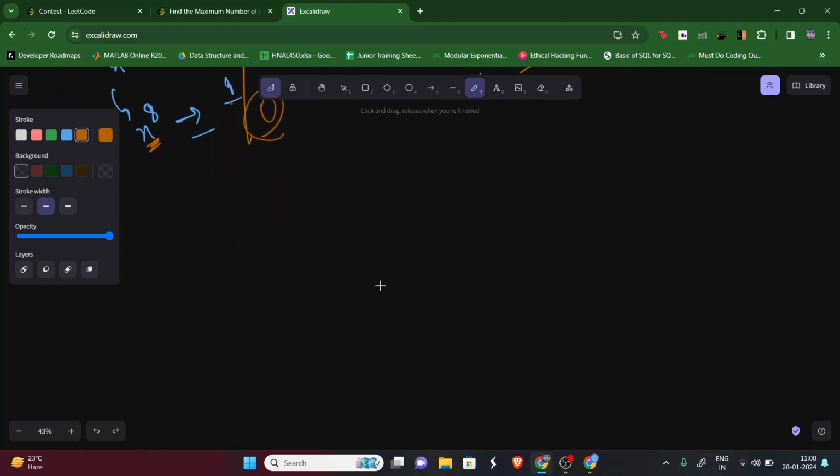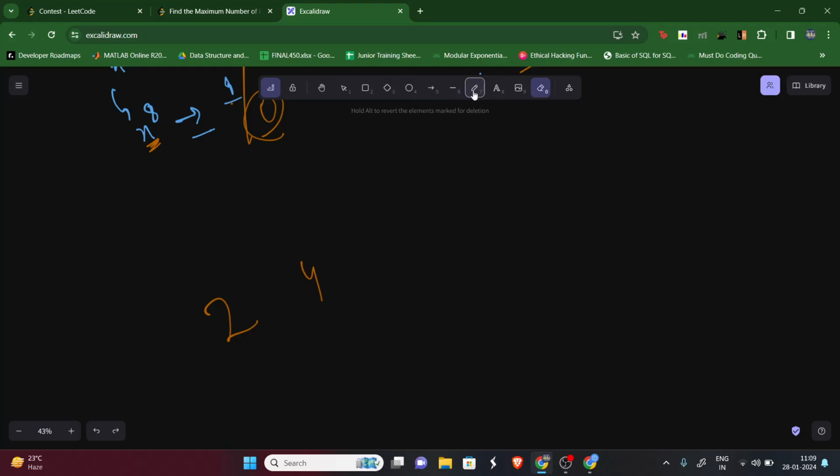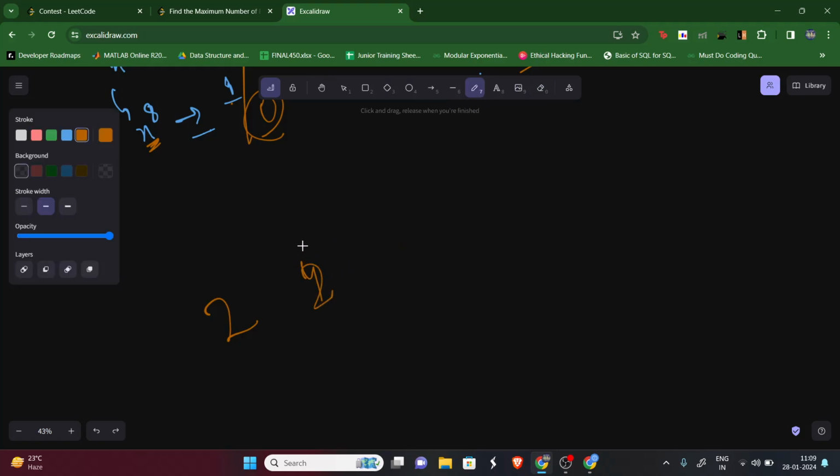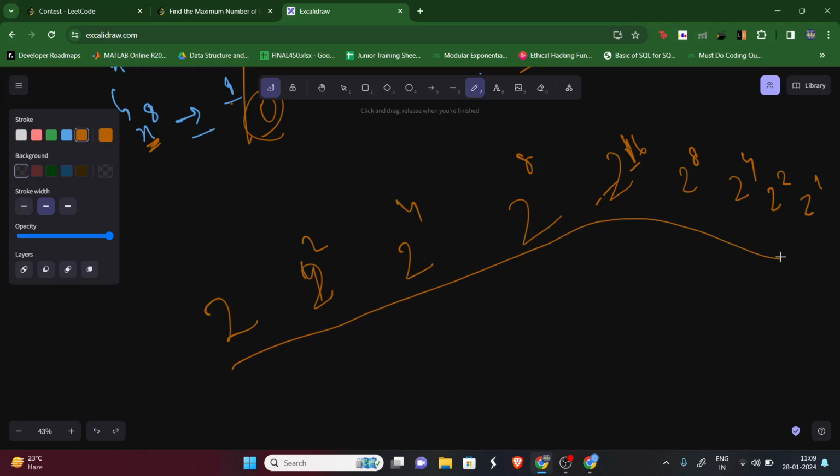Now realize one thing, that there's a pattern like this: initially it was 2, then 2 square, then 2 to the power 4, then 2 to the power 8, and so on. And this completes the series at, let's say, 2 to the power 16, and then again 2 to the power 8, 2 to the power 4, 2 to the power 2, and 2 to the power 1. So this was one pattern we found already.